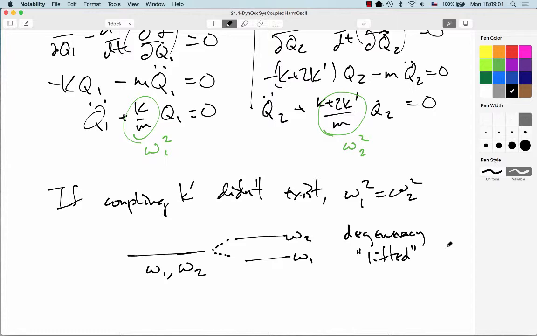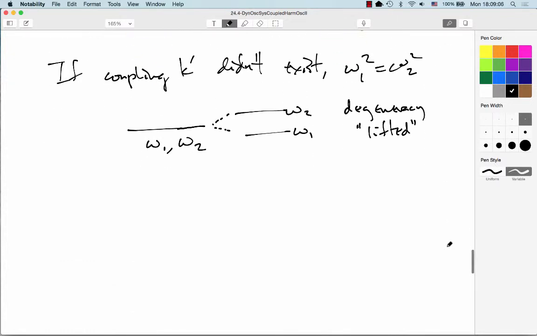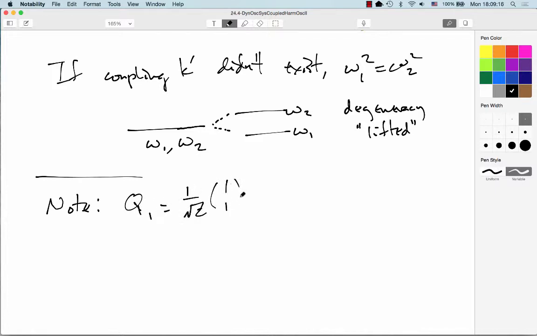All right. So while we're at it here, let's also note that our Q1 is equal to 1 over root 2 times (1, 1) cosine omega 1 t, and our Q2 is equal to 1 over root 2 times (minus 1, 1) cosine omega 2 t. Let's not worry about the cosines so much.